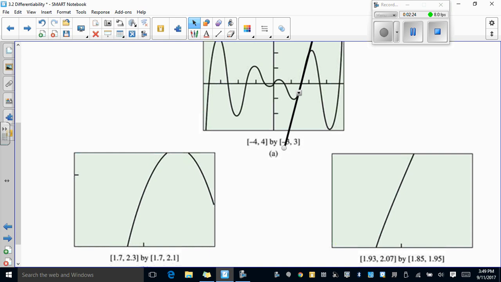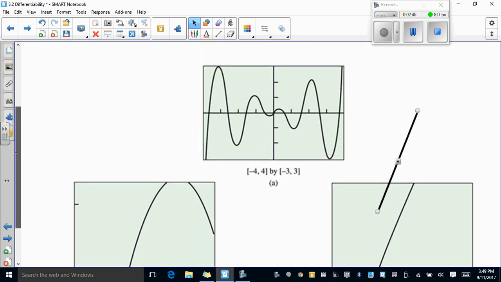This is the one I really want to look at: I try to make that guy parallel and I end up getting a really good secant line. And that's the point they were trying to make, that you can zoom in on a point and have it basically straighten out for you.